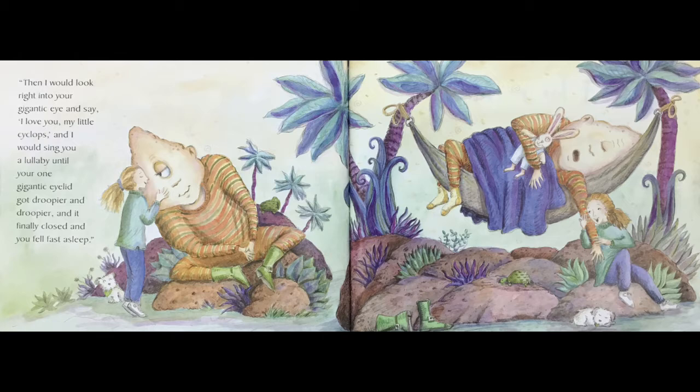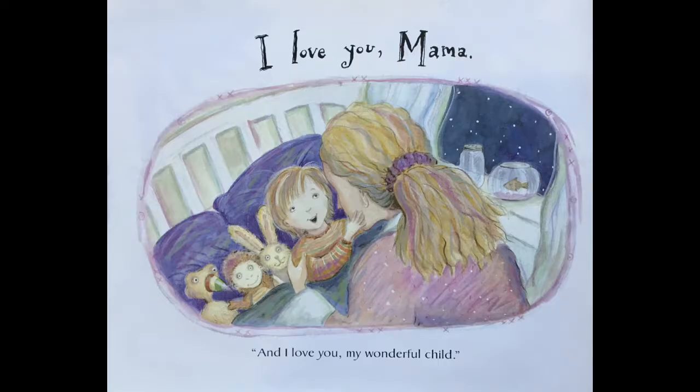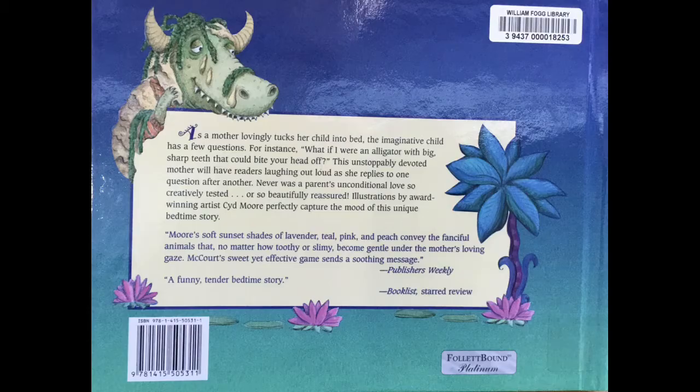And I would sing you a lullaby until your one gigantic eyelid got droopier and droopier, and it finally closed, and you fell fast asleep. I love you, Mama, and I love you, my wonderful child. The end.